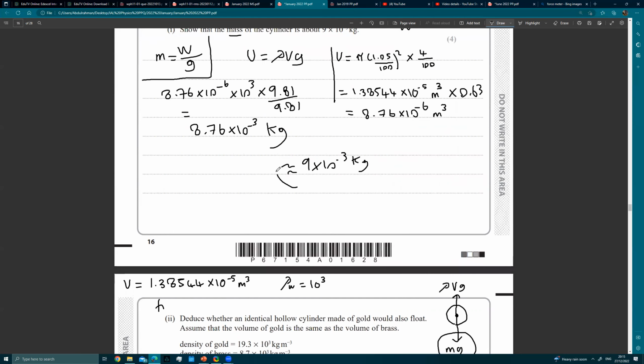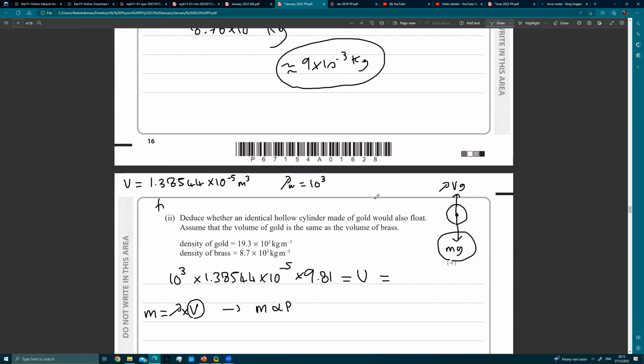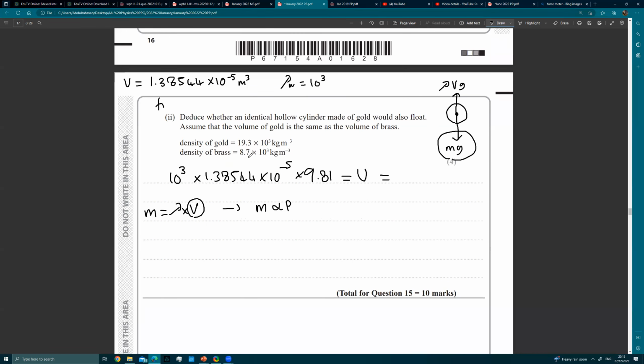We know the mass of the previous one. Therefore, we can work out the mass of the new one, because we know that the new density is 19.3 over 8.7 times larger than the previous density. So this is the new factor.